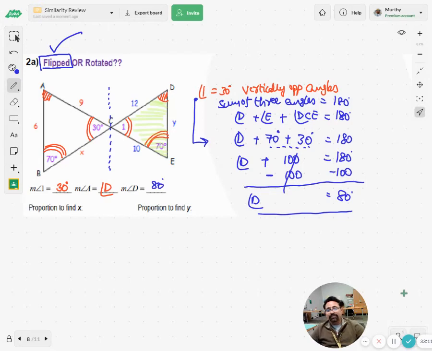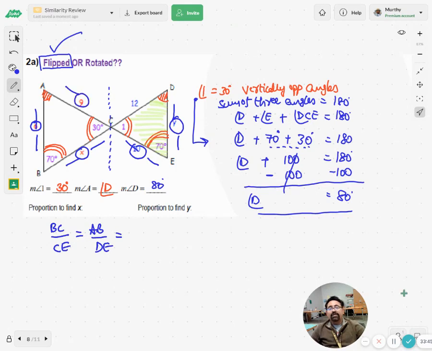Next, proportion for X. Just now we discussed that it is the mirror, right? Therefore, it is BC over CE, BC means this one, BC over CE equals AB over DE equals AC over CD.